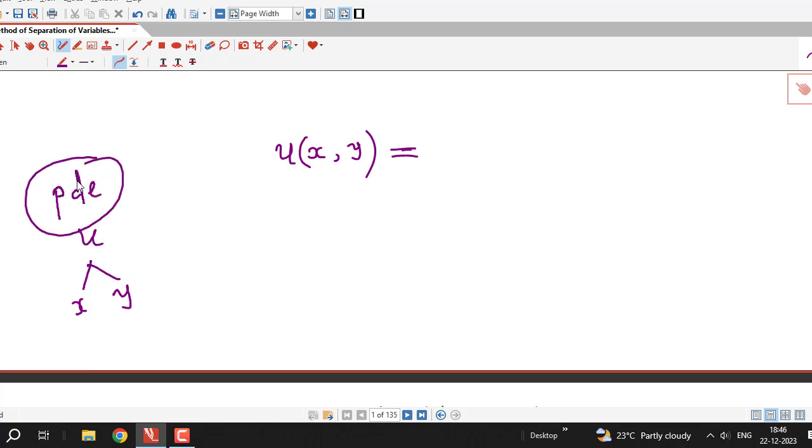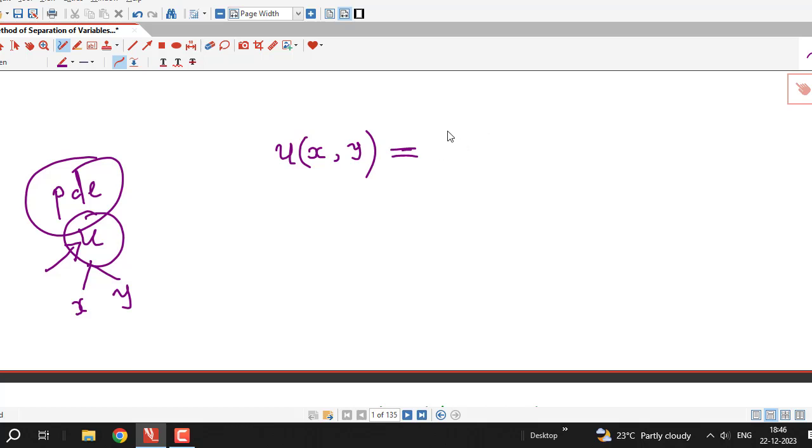Now once we have a homogeneous and linear partial differential equation, we are able to apply the method of separation of variables, and for that we assume that the solution of the given partial differential equation is in this form. Suppose our dependent variable is u and independent variables are x and y in a given partial differential equation. Then we are interested in the value of u which satisfies the given partial differential equation.